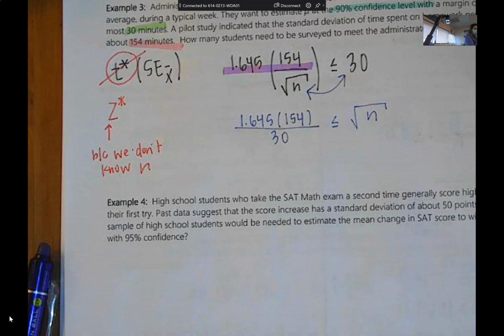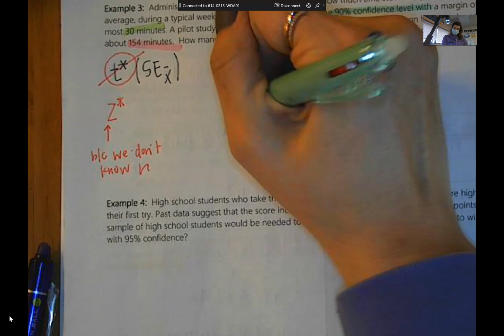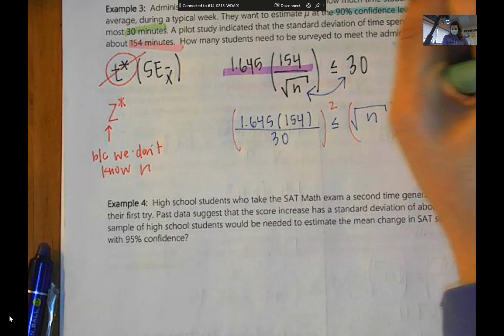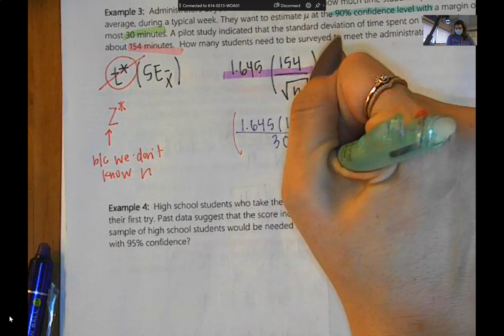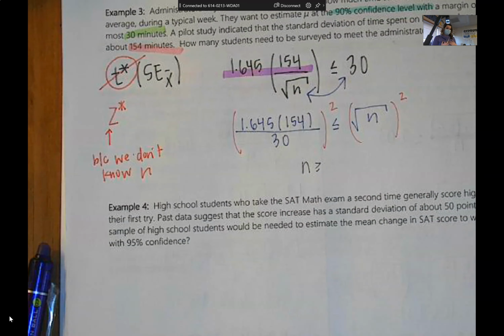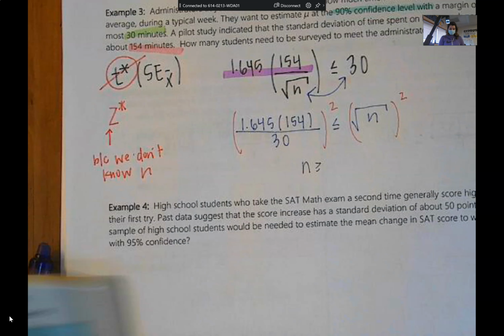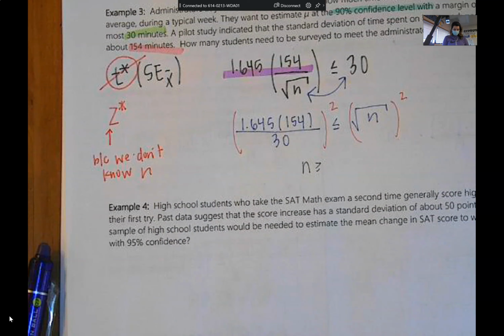So what's our final step here? To square it. So exactly the same as last time, just, in my opinion, quicker. I don't have to enter any roots into my fraction. So I'm doing 1.645 times 154 divided by 30, squared.